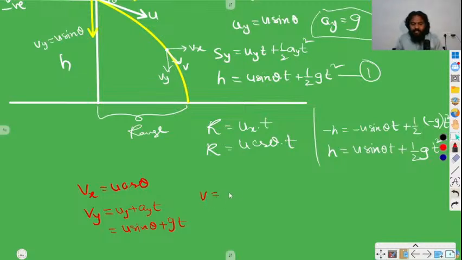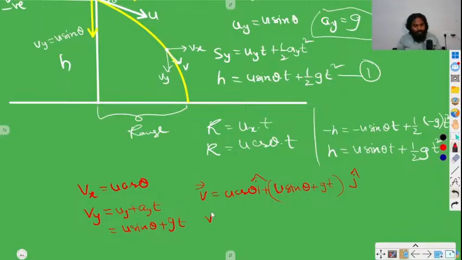You can write v as u cos theta i cap plus (u sin theta plus gt) j cap. This is the velocity.